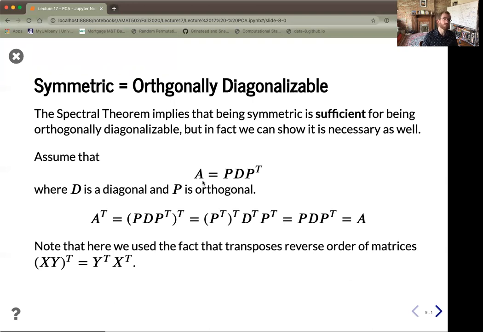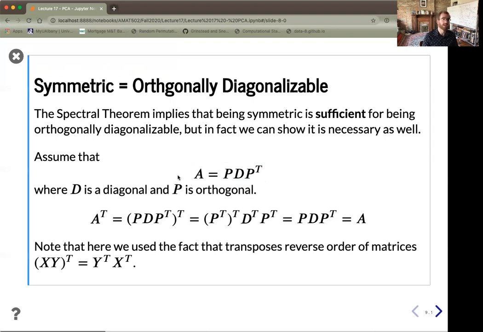So let's assume that I'm given a matrix A, and I know that it's equal to P times D times P transpose, where P is an orthogonal matrix and D is diagonal. Let's carry out the transpose of A, assuming this equality holds. I have to remember that when I take the transpose of a product, it turns into the reverse product of the transposes. So X times Y, all transposed, is Y transpose times X transpose.